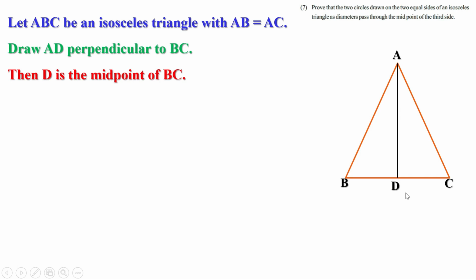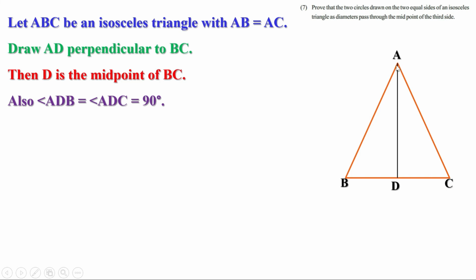That means D is the midpoint of BC. Now AD is perpendicular to BC, therefore these two angles are 90 degrees, that is angle ADB and angle ADC are 90 degrees.